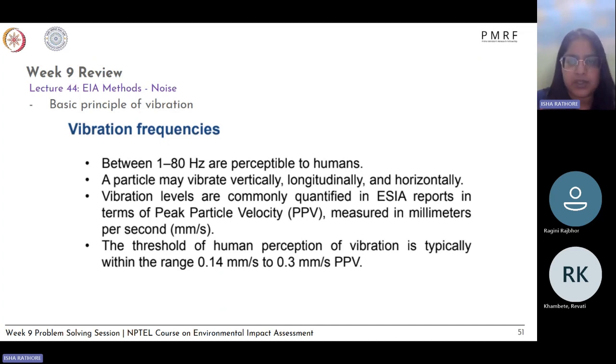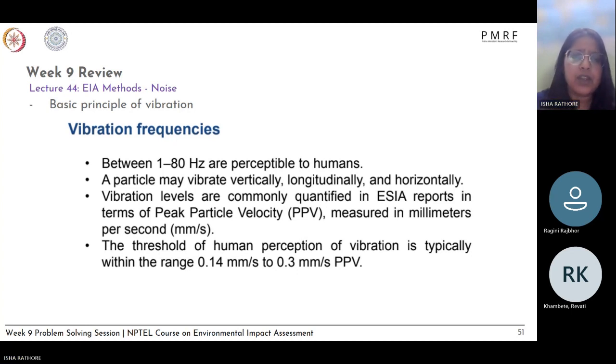Vibration levels are commonly quantified in the noise assessment section of the EIA report in terms of the peak particle velocity, PPV, and it's measured in millimeters per second.